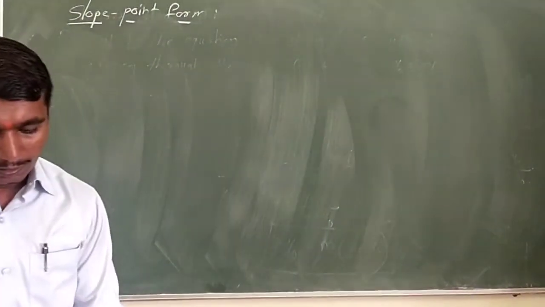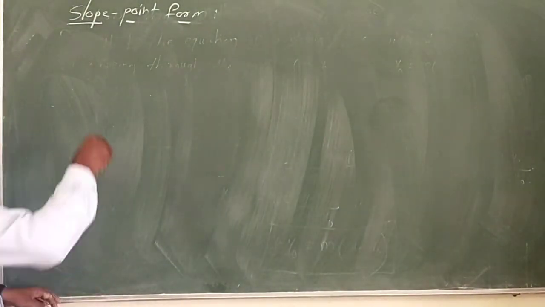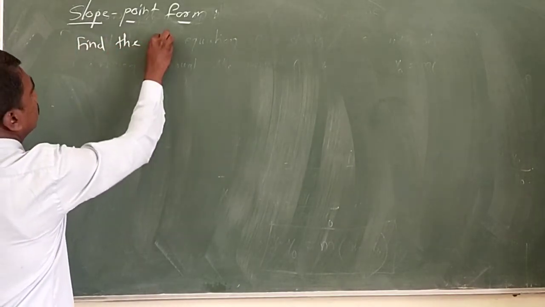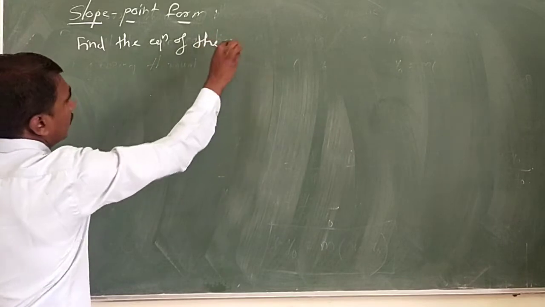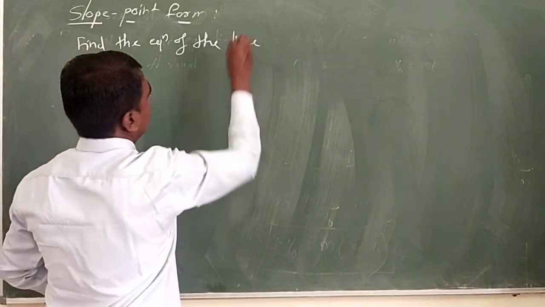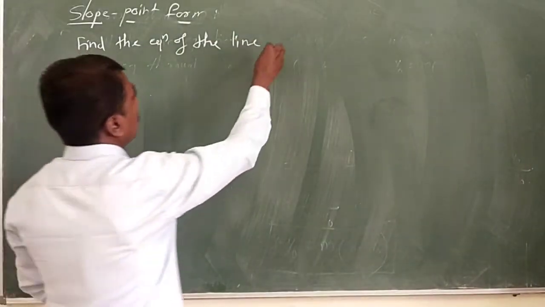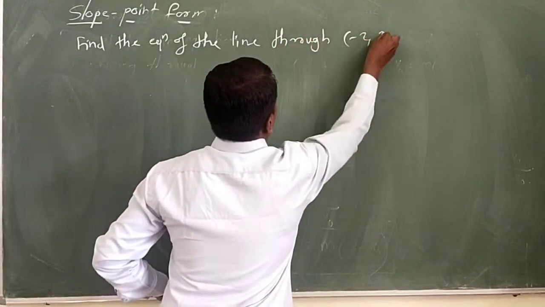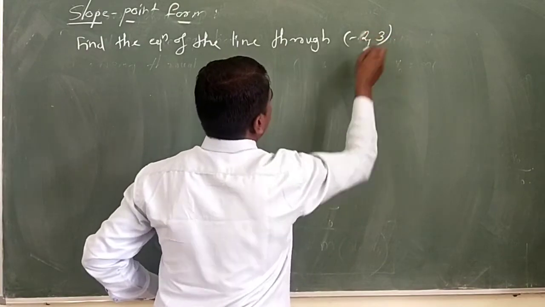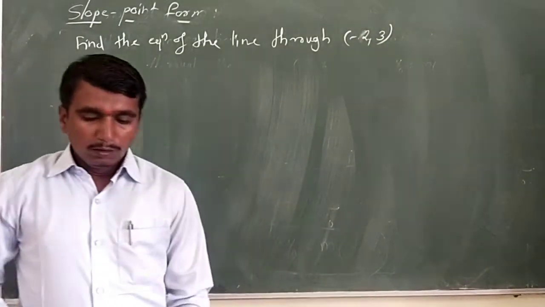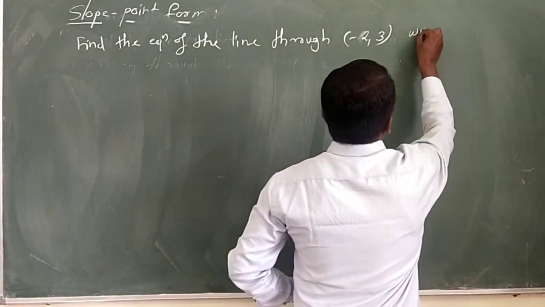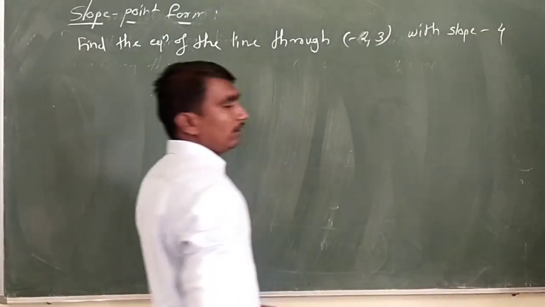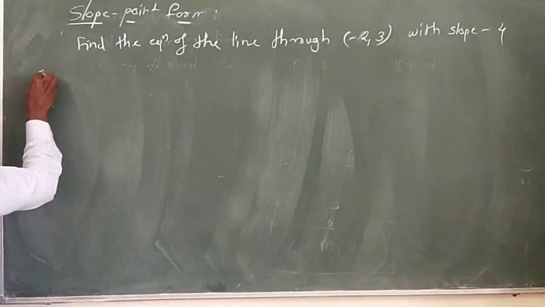Find the equation of the line through -2, 3 with slope -4.